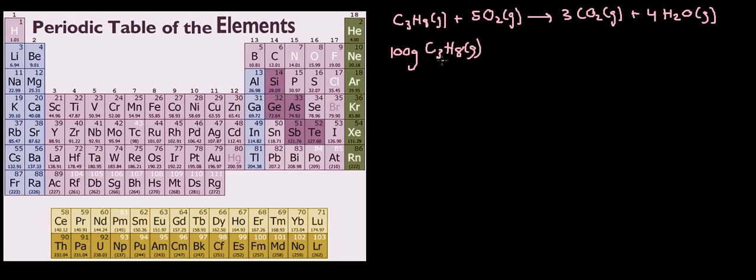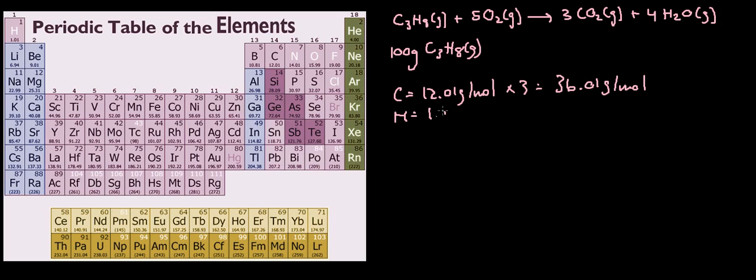I'm going to begin by finding out the molar mass of the known quantity. So carbon, 12.01 grams per mole times 3, which is equal to 36.03. And then hydrogen times 8.